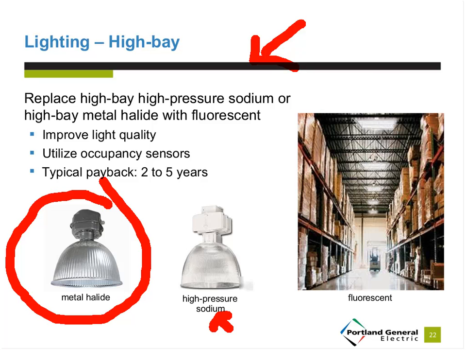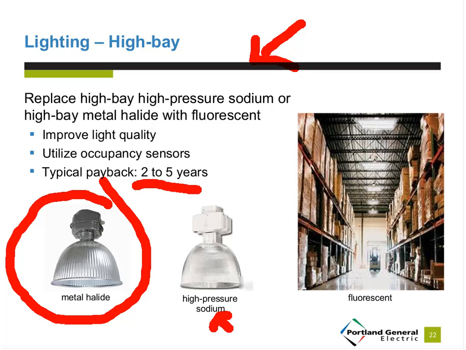With the fluorescent, depending on hours of operation, payback is going to be 2 to 5 years, and it might be even longer if you switch to the LED, because it's just going to be a more expensive fixture. But we see customers doing that. They want the quality of the LED light, the instant turn on, and the longevity of the fixture itself. So we do see customers actually switching to LEDs as well.